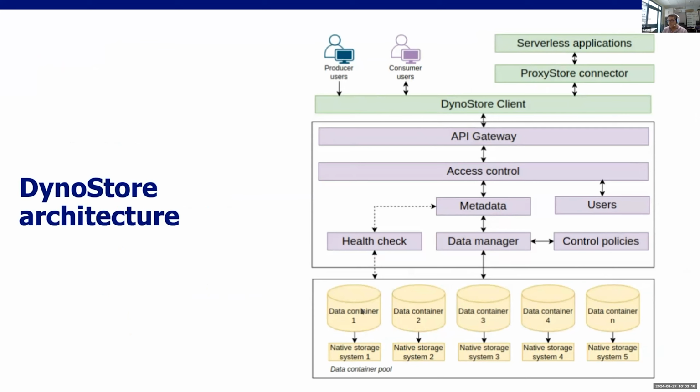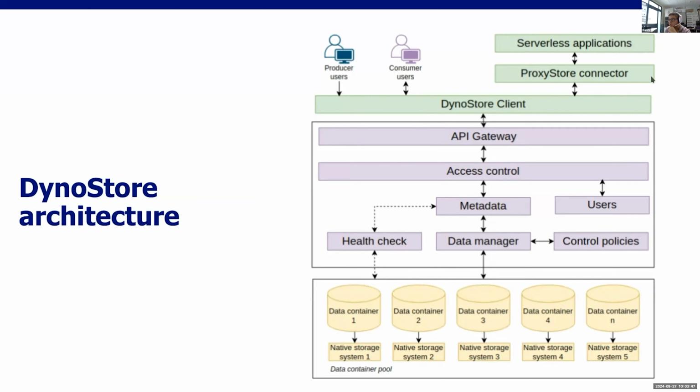So we have data containers deployed on the storage systems, and under these data containers are the native storage systems to manage the data. We also implement load balancing to distribute the data through them, and different data resilience policies to add fault tolerance mechanisms to support failures or unavailability of some storage locations.